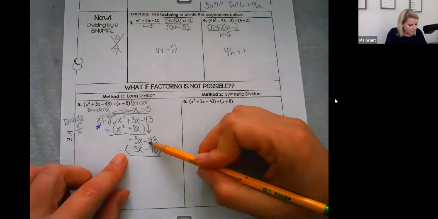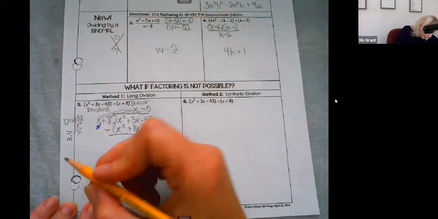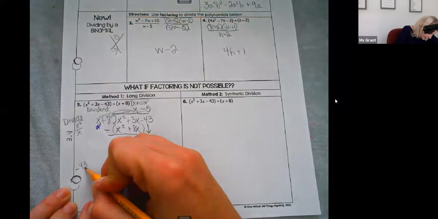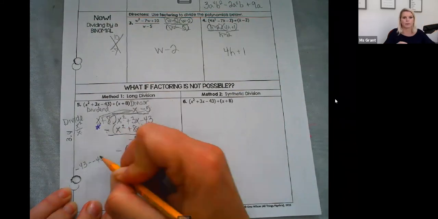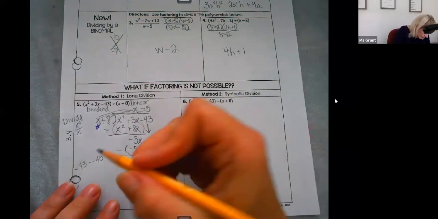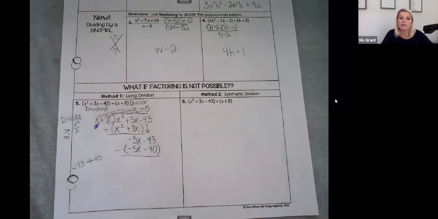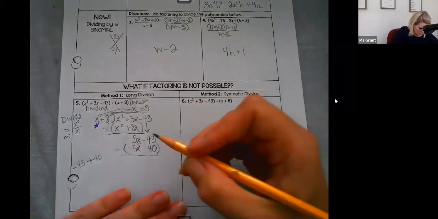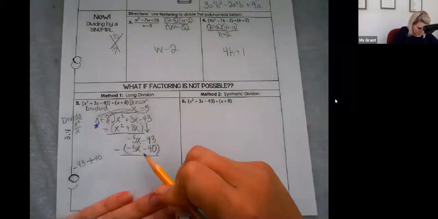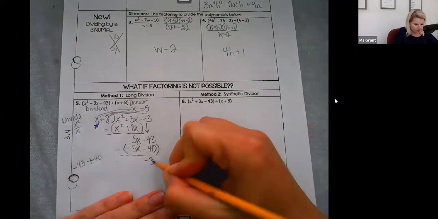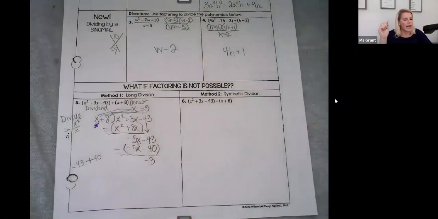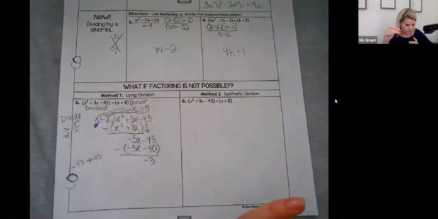Negative 43 minus negative 40, which is basically a plus, right? Negative 43 plus 40. It's going to end up being a negative 3. I have nothing else that I can bring down, so I stop.